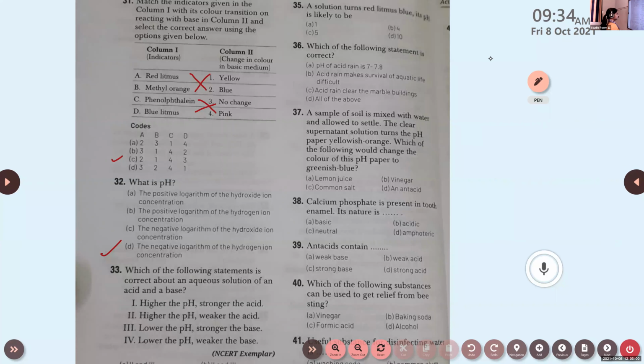Question number 33. Adidev, can you read?